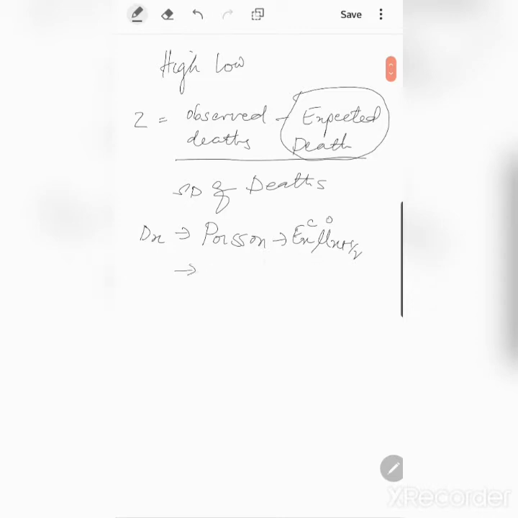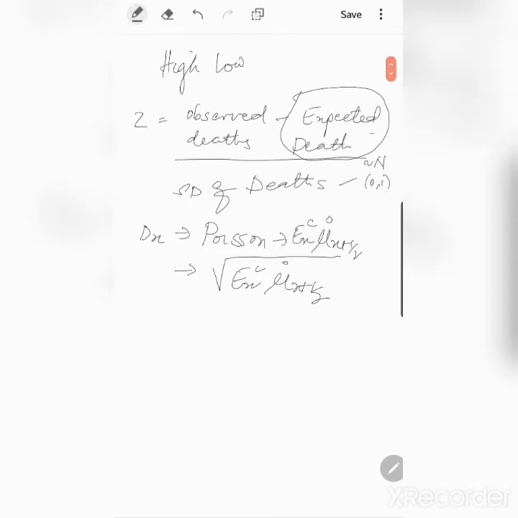Because in the Poisson distribution the mean and the variance are the same, the standard deviation will become the same number. So I take the expected deaths over the standard deviation of the expected deaths, and this is expected to follow a standard normal distribution.